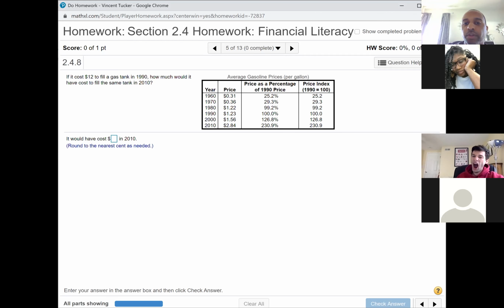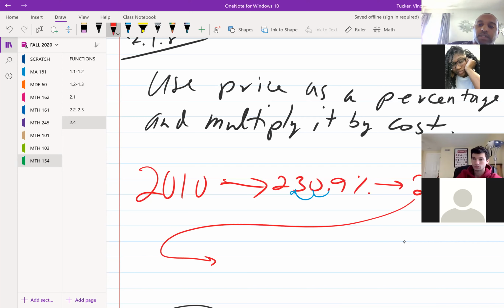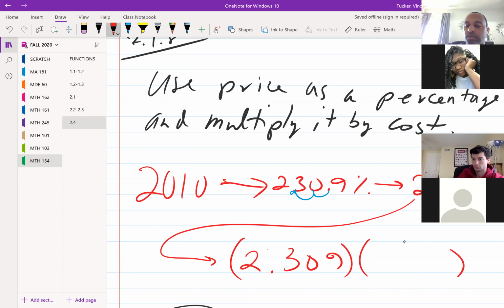All right, so that's 230.9%. Let's go back. All right, so 230.9%. Don't forget to carry your decimal to the left 2 spots so that you can get rid of your percent sign. Then we're going to multiply that 2.309 times, what are we dealing with? 12.